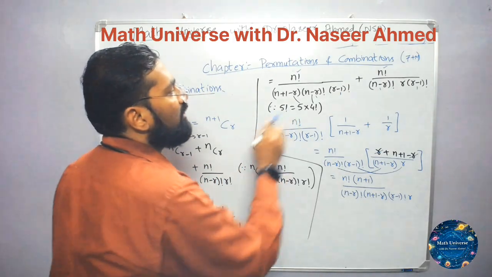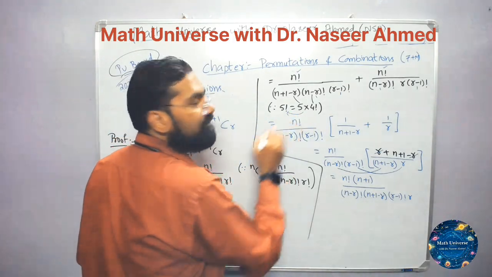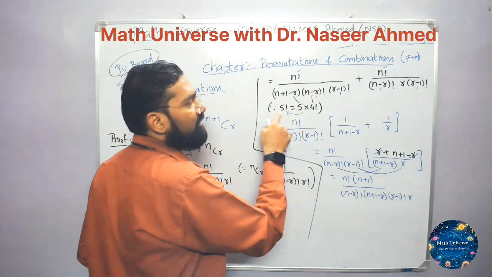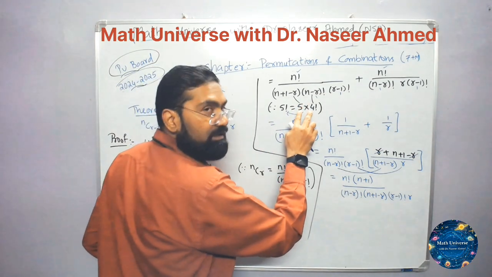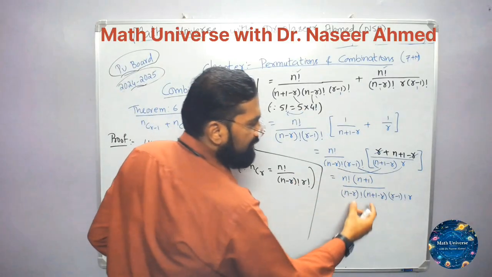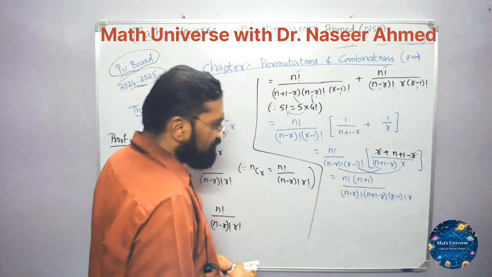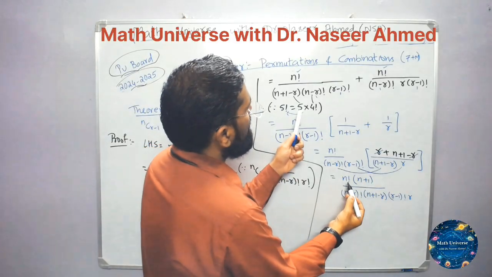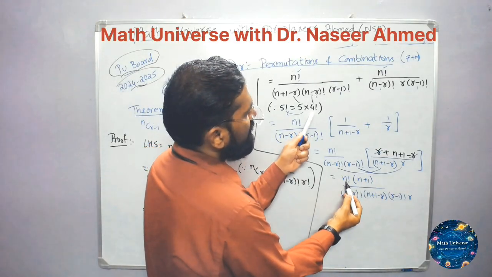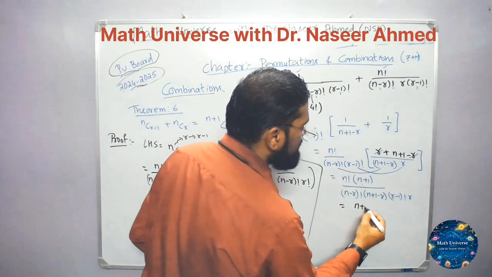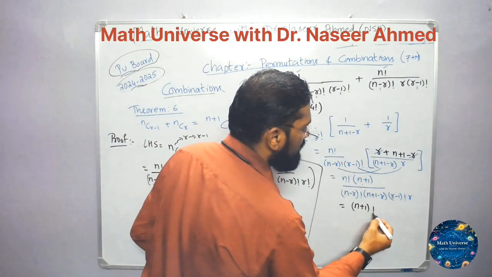Now again, same logic, I am going from right to left. If I have 4 factorial into 5, nothing but it is 5 factorial. These two are consecutive terms, and the factorial is there for the term which is just less than this. Same thing, is it not happening everywhere? See carefully. Here it is n and n plus 1, so the numerator becomes (n plus 1) factorial.